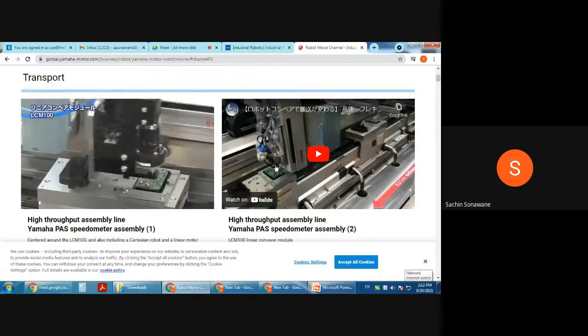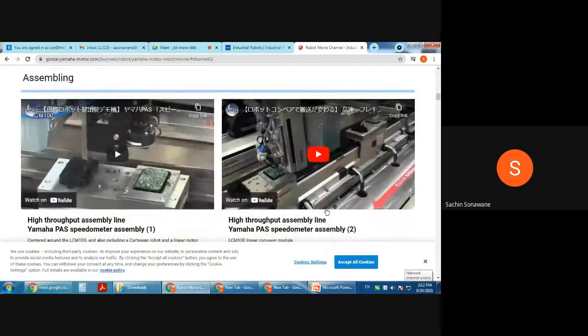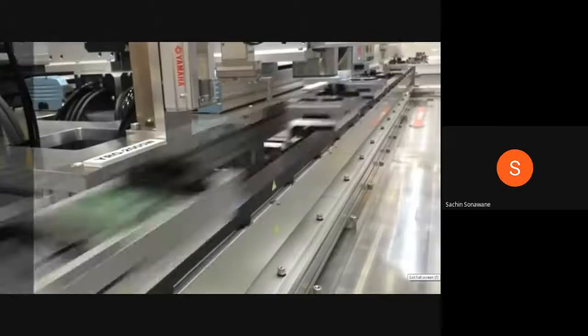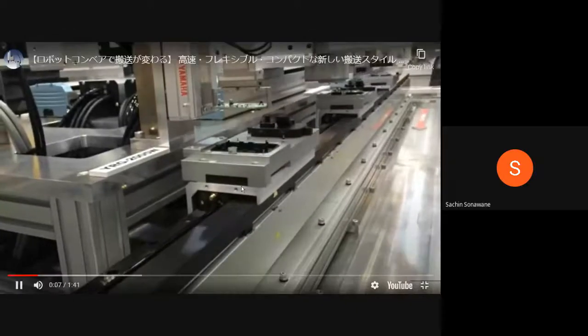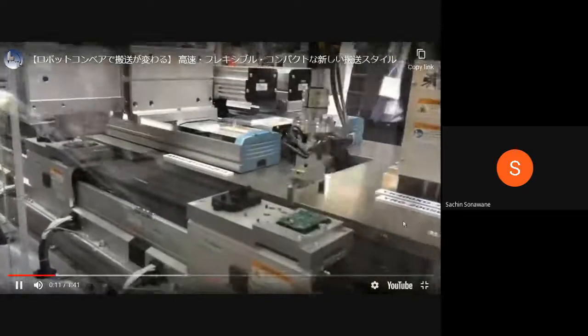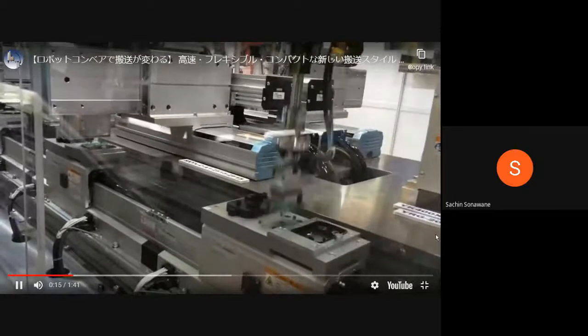Now this is for assembly. See that this high throughput assembly line, Yamaha PS speedometer assembly. See that this assembly line is there. These all robots are there, which are carrying out different operations at each station.